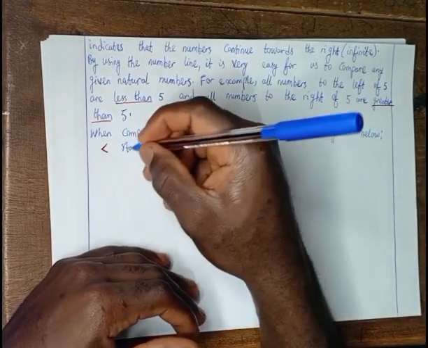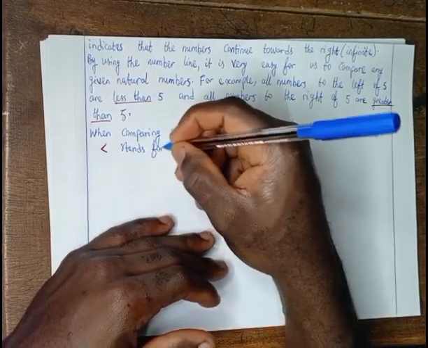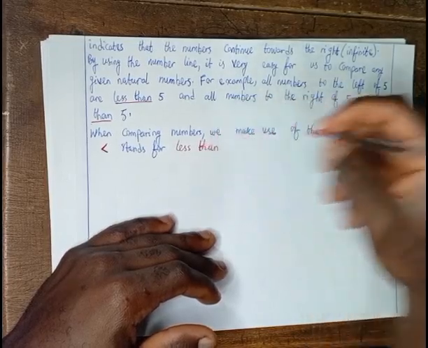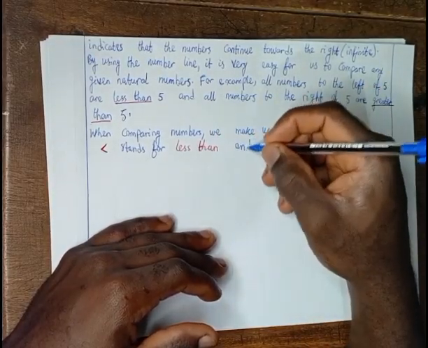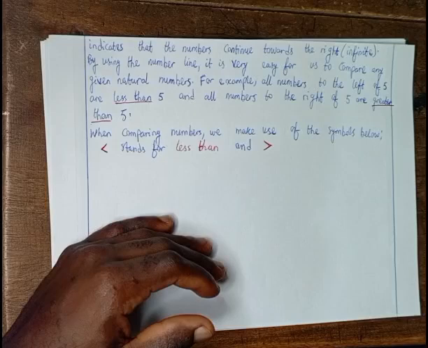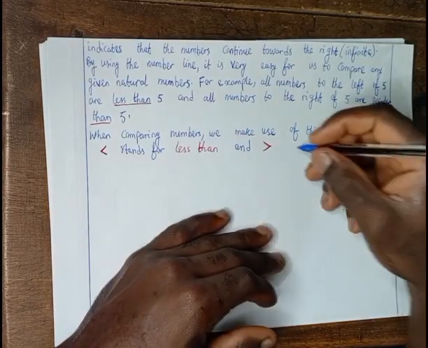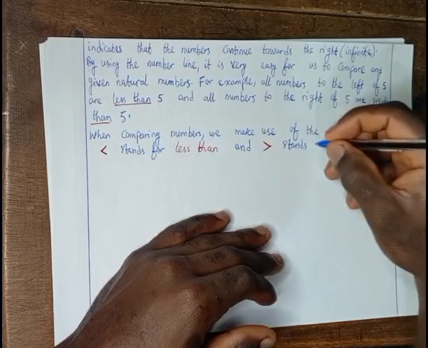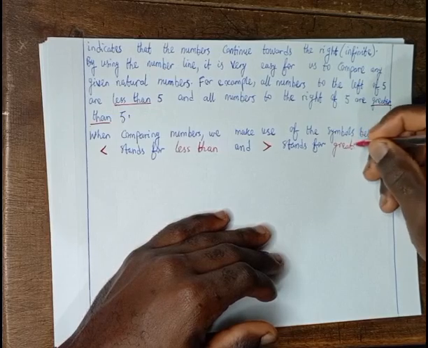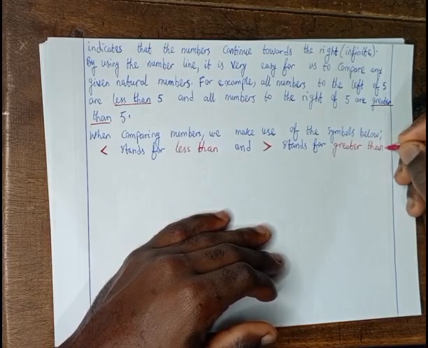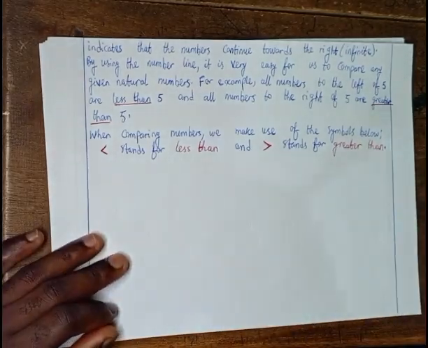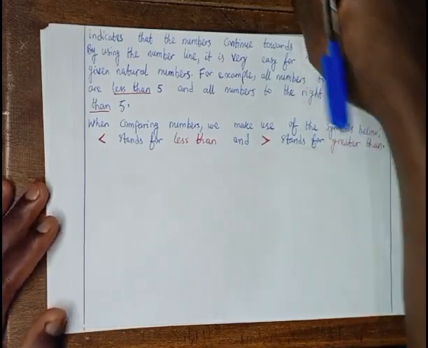So this symbol stands for less than. And we have this other symbol which looks like a V which is sleeping and facing the right. This one stands for greater than.